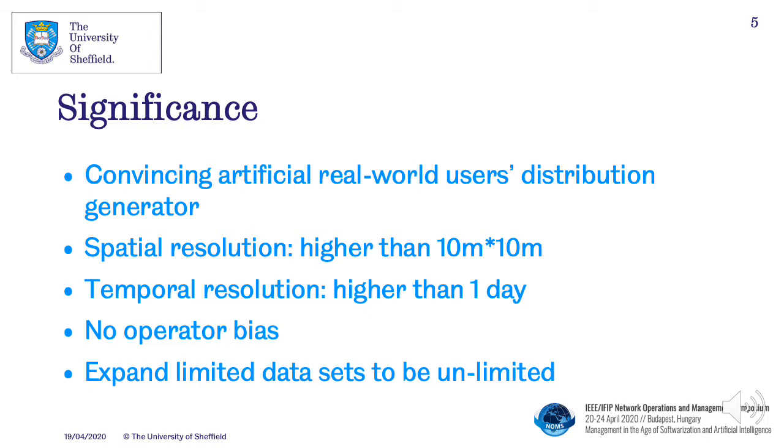And there's no operator bias. And we can use the generator to expand a limited data set to an unlimited data set. That is also useful in semi-unsupervised learning, and another paper also includes this in the meeting. So let's see how we design and solve the problem.